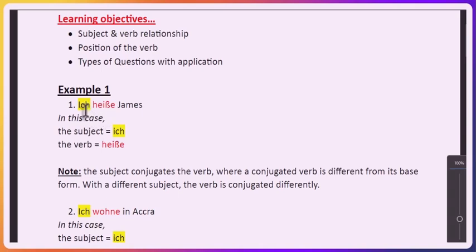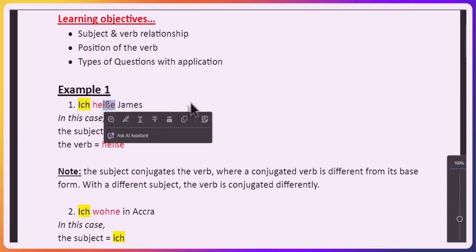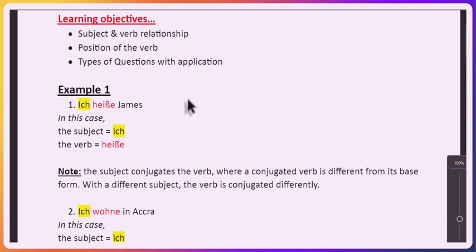So let's say I am James. We know am is a verb which means to be. I don't want to go into more detail right now because the video will be very long. I want to cut it short.